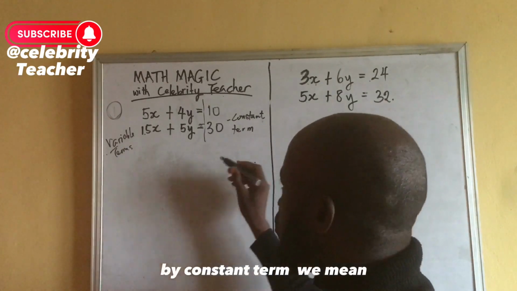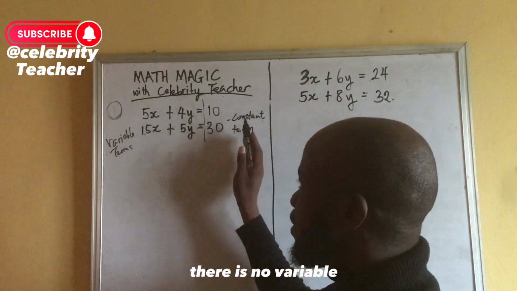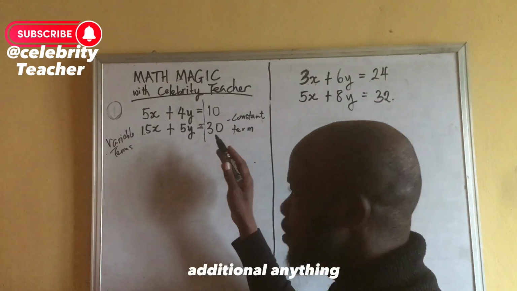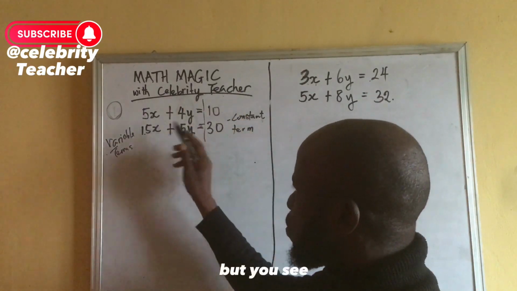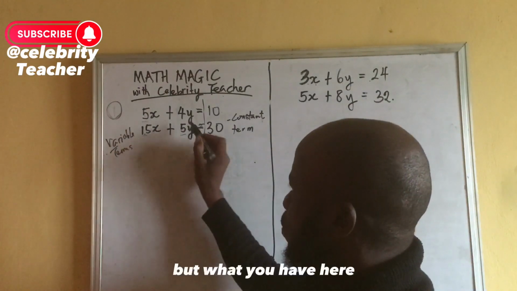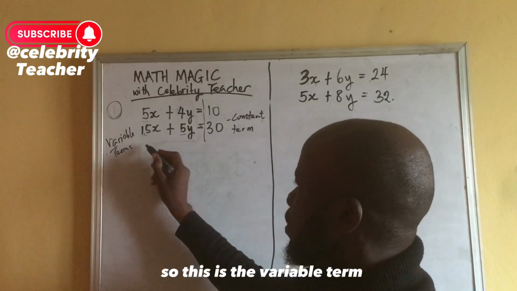By constant term, we mean that 10 is a whole number and 30 is a whole number; there is no variable, no letters, no additional anything. It's just plain numbers. But on this side, what you have varies from this. It's not the same. So this is the variable term.